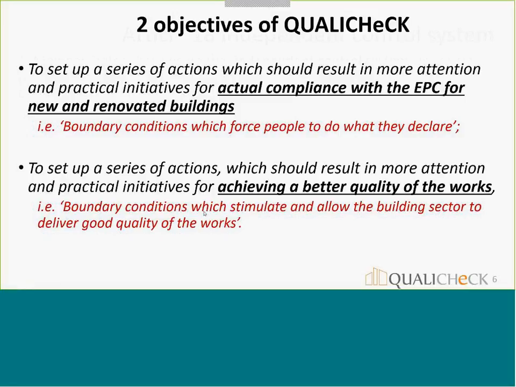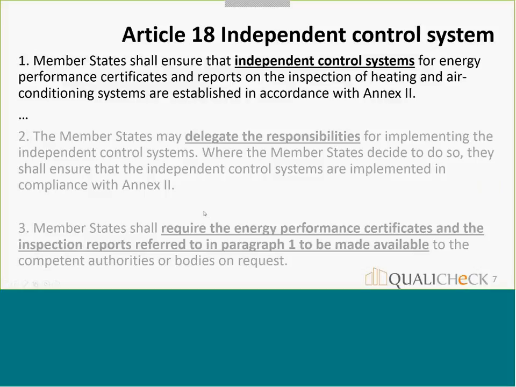This project is quite closely linked to a few articles in the EPBD, in particular Articles 18 and 27. Article 18, and I just highlight the black section: member states shall ensure that independent control systems for energy performance certificates and reports on the inspection of heating and air conditioning systems are established.